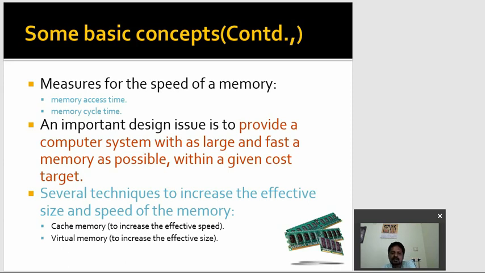The measures for the speed of the memory. What measures do we take for knowing the speed of a memory? One is the memory access time and the second one is the memory cycle time. We will see these two points later. An important design issue is to provide a computer system with as large and as fast a memory as possible within the given cost target.